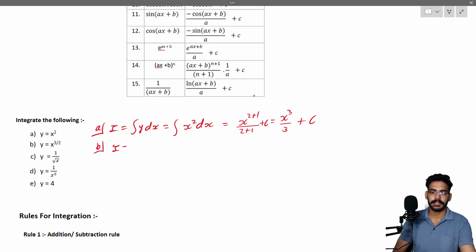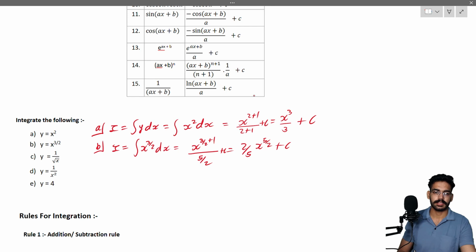B part is similar: the integration of x to the power 3 by 2 dx. What will it be? X to the power 3 by 2 plus 1 divided by 5 by 2, right? So this will be 2 by 5 x to the power 5 by 2 plus c, here also plus c.